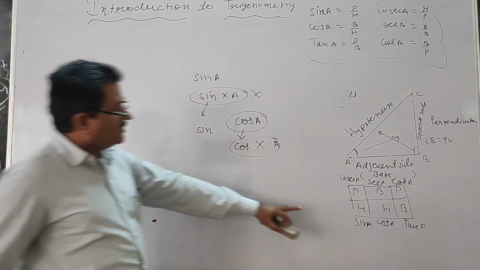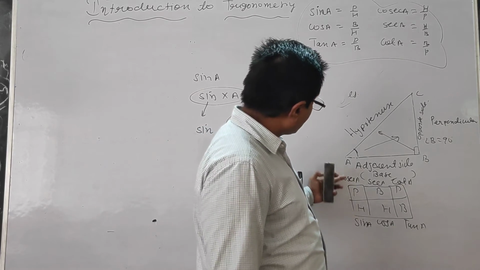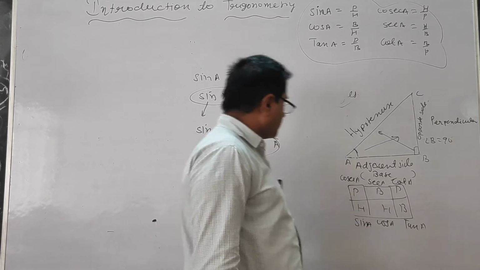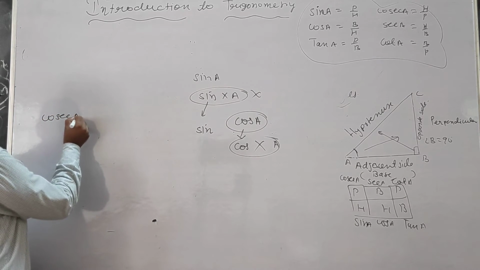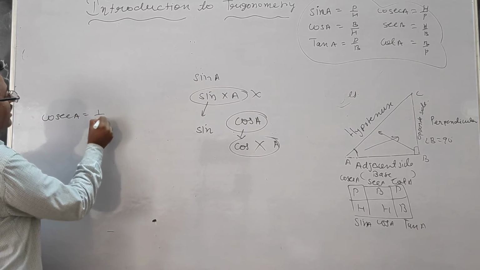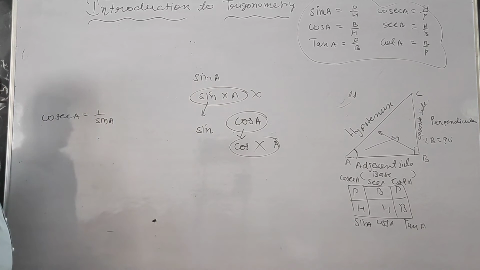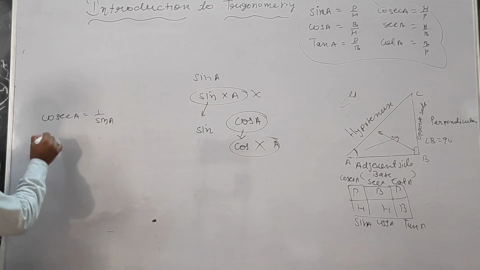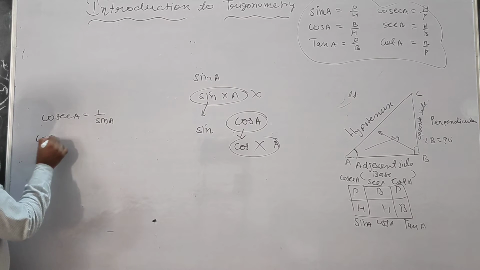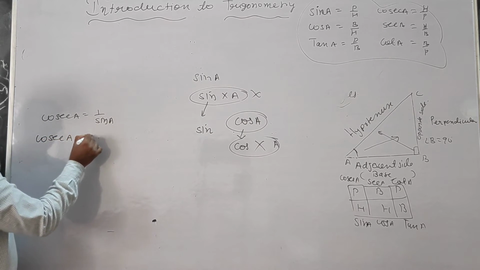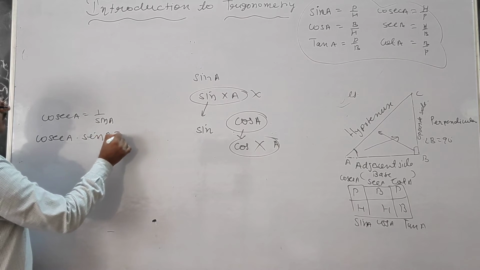Now you see we are saying that cosec A is the reciprocal of sine A. So we can write cosec A is equal to 1 by sine A. Or if you cross multiply, cosec A into sine A is equal to 1.